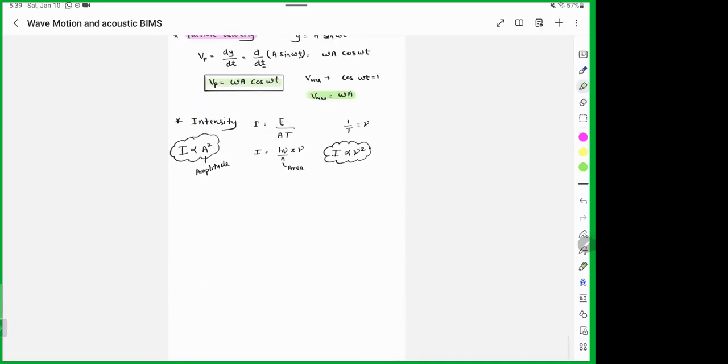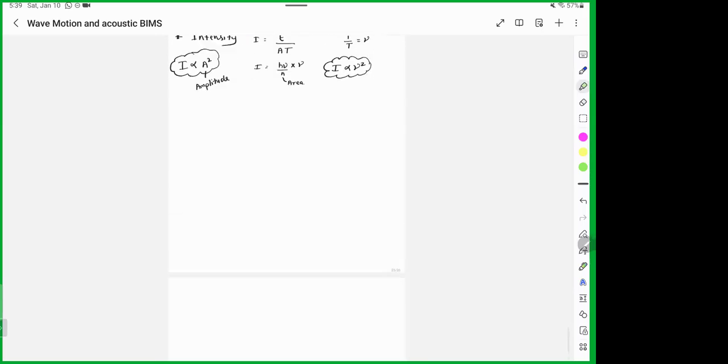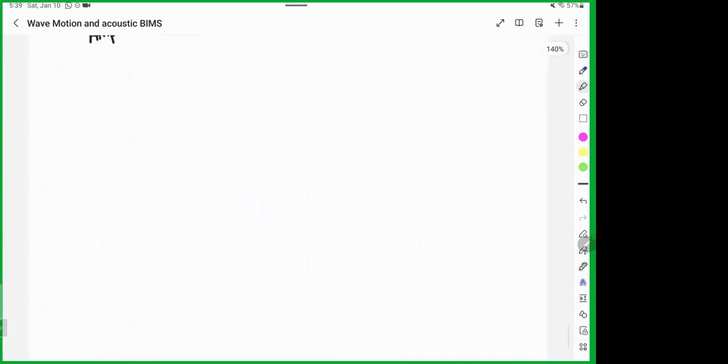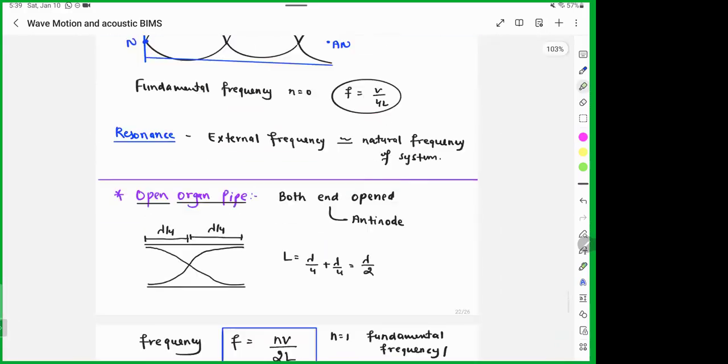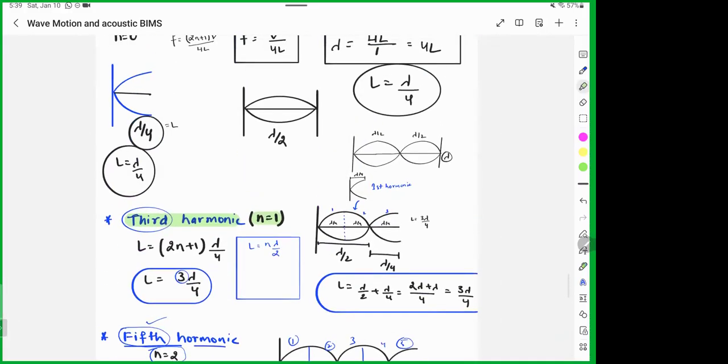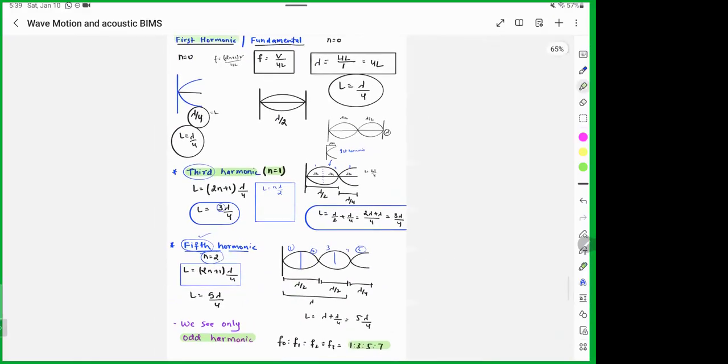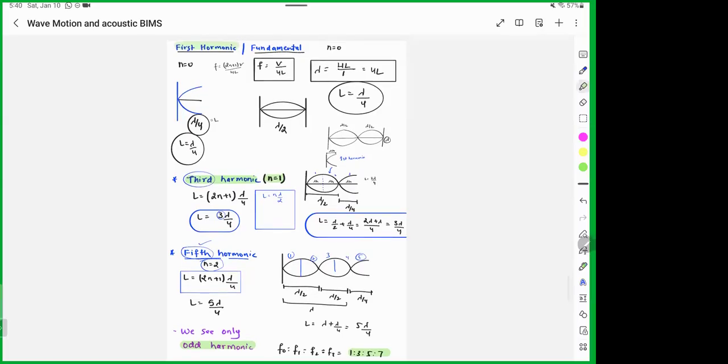We are almost done with the chapter. Don't worry, I'll give you a chance again. Yeah, I'll send the PDF after the class. But now I will explain once again to have better clarity.